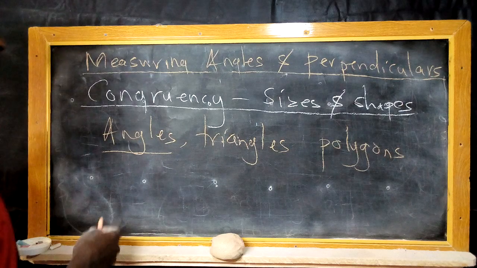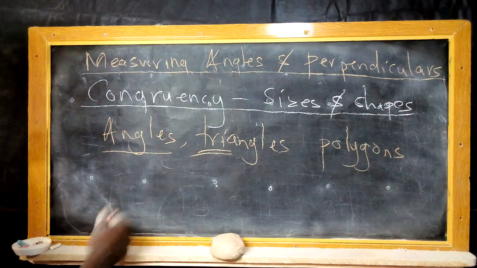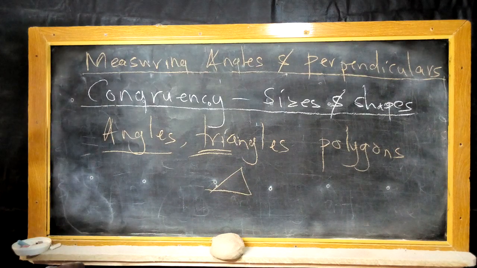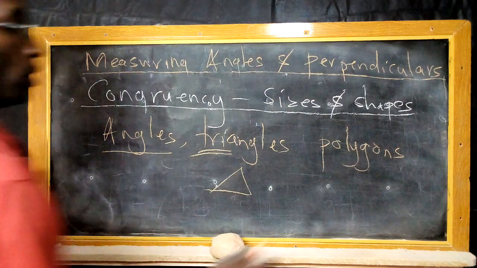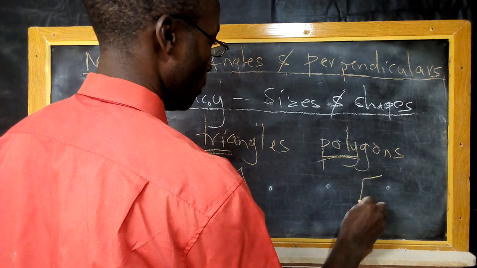It's a junction of two rays. So for triangles, from the prefix tri, this is a three-sided figure. For polygons, poly means many, of course, it can be more than three.